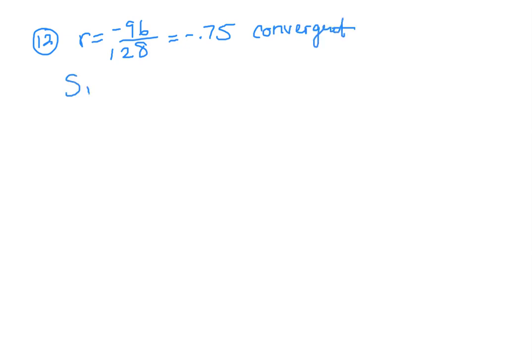Number 12, R is -96 over 128, which is -0.75. So this is convergent. And we'll say A1 times 1 over 1 minus -0.75, and that is 512 over 7.